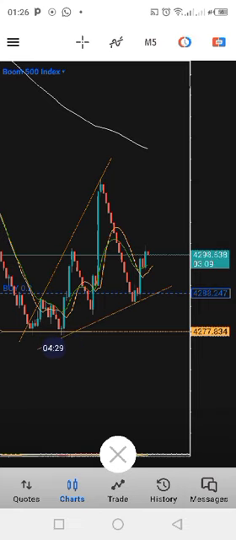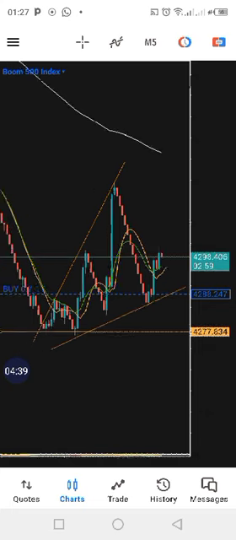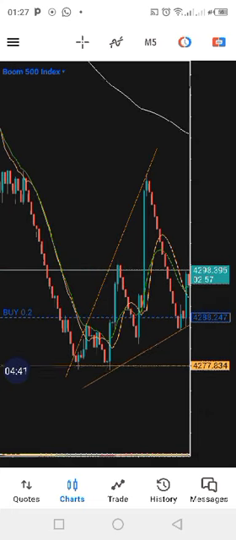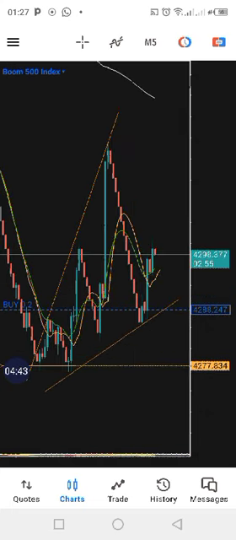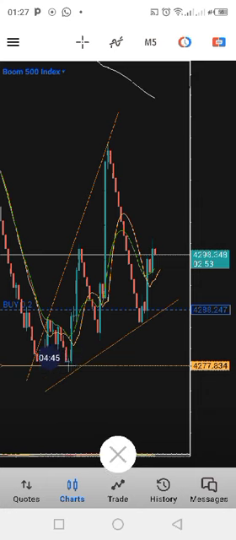But at this point, you can see that this lower low and this lower low are the same level. That was why I put in this orange mark, to mark that level, because it seems to be a strong level. It seems to be a support level, okay?